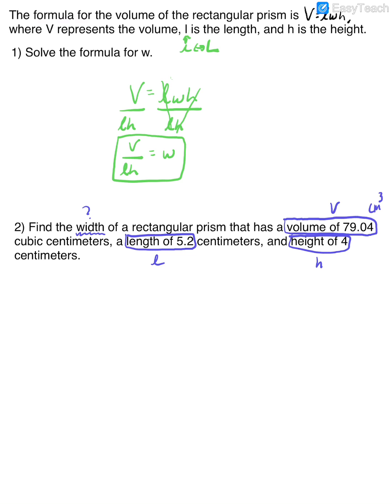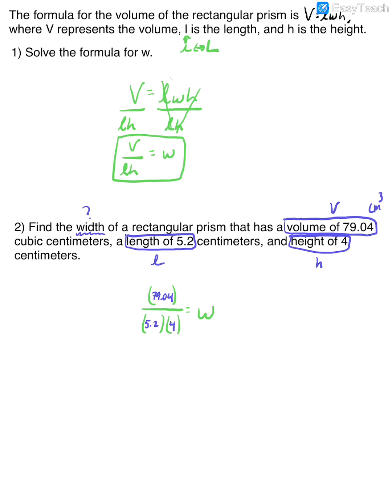Okay, so using my equation from up top, I have what V is, and I want to divide it by what L and H are. So V is 79.04. Then my length is 5.2, and then my height is 4. So then here, order of operations tells me that I need to do my multiplication in the denominator.